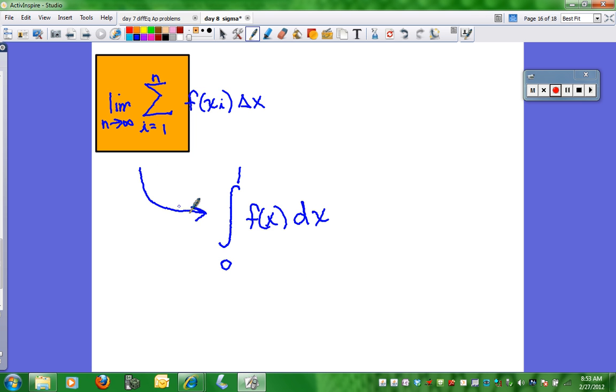That's where that came from. This limit of the sum. That's why this looks like a little bit of an S for sum. And that's where they got from this approximation of area under a curve to this definite area under the curve.